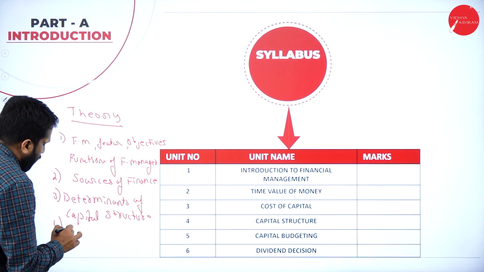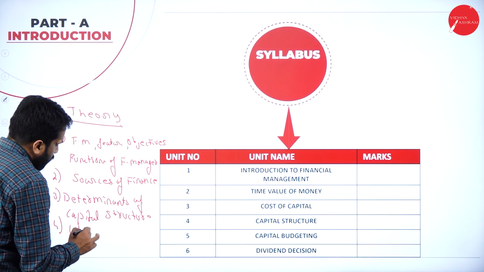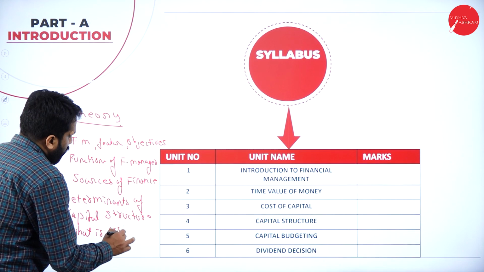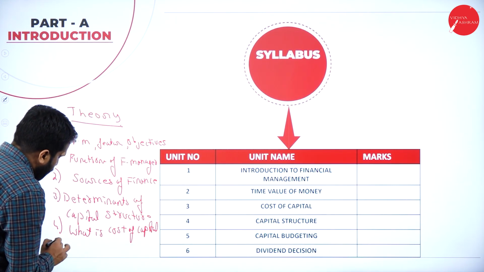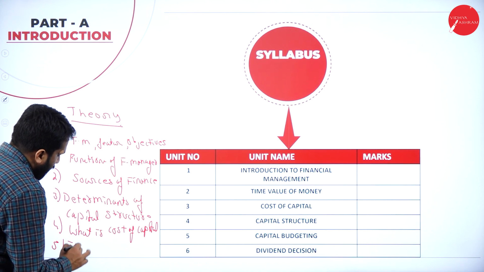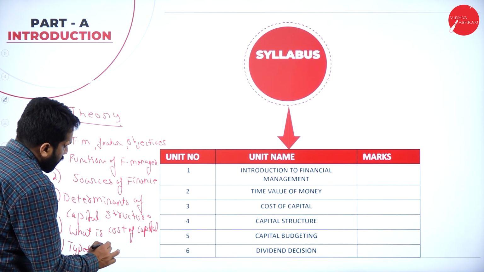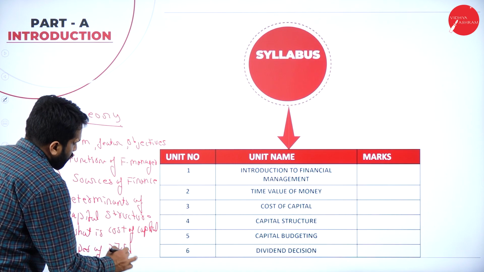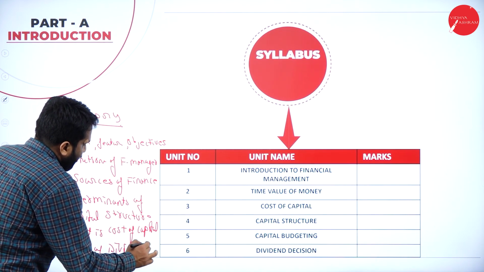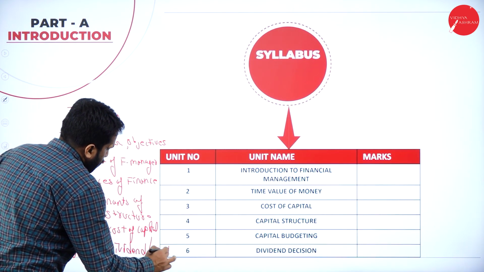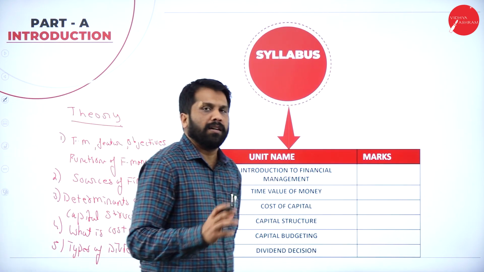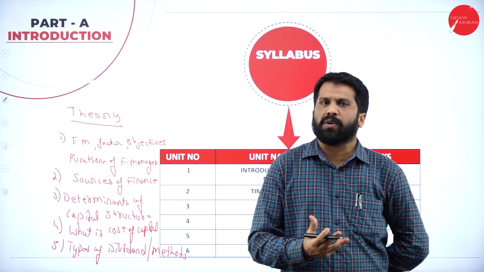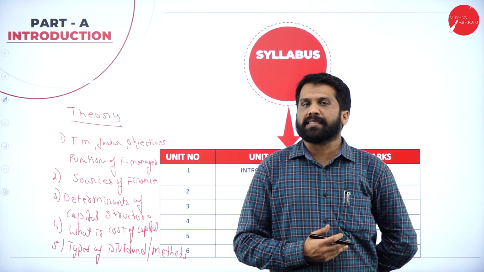Fourth one, what is cost of capital? Then fifth one, types of dividend or methods of dividend. Clear? These are the major ones for 15 or 10 marks.